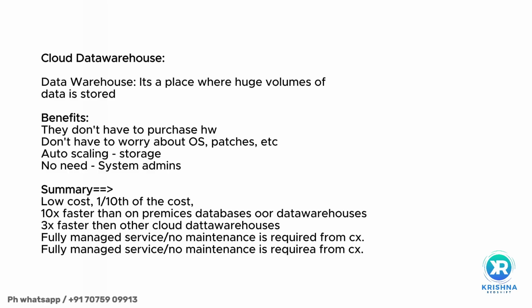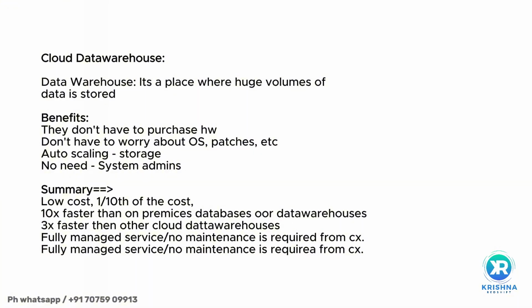That is the reason everyone is nowadays moving to the cloud, because it's easy to set up, comes at very low cost, almost 1/10 of the cost, and performance will be 3x. Compared to on-premises databases it's 10x, but Redshift is even 3x faster than other cloud data warehouses. What are the other cloud data warehouses?